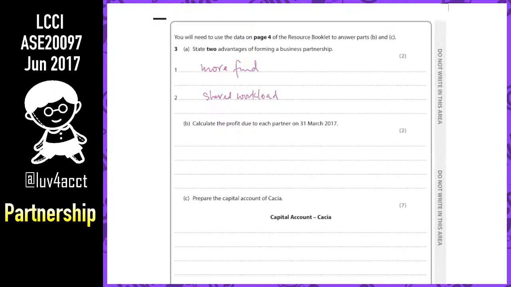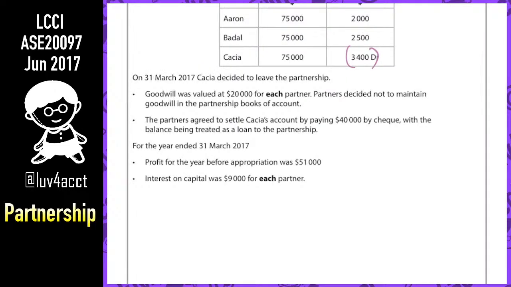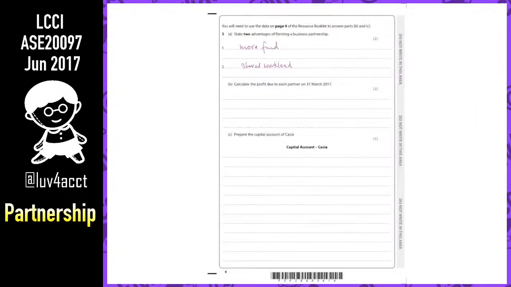B. Calculate the profit due to each partner on 31st March. Okay, so 51,000 as the profit for the year before appropriation, interest 9,000 each, and nothing else. Then the share of profit.